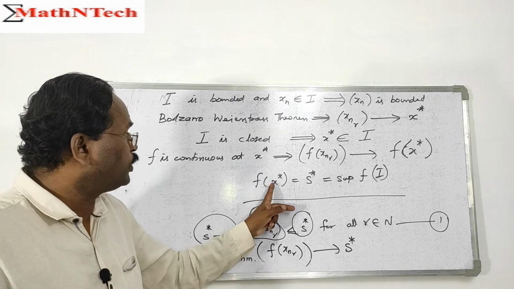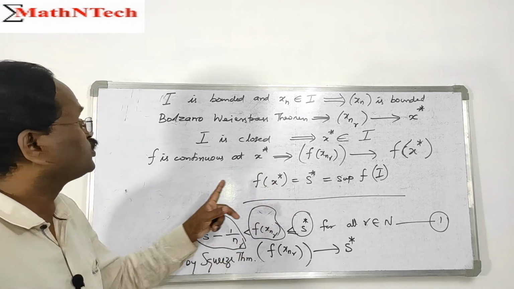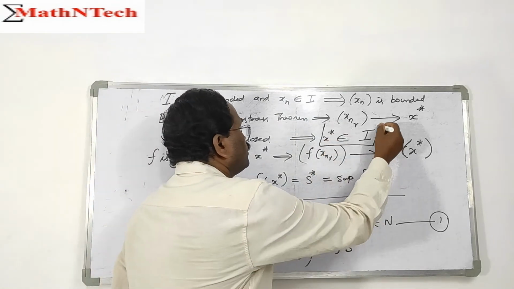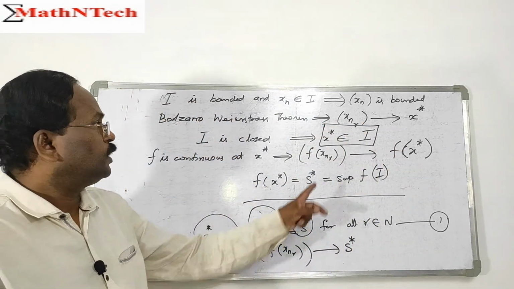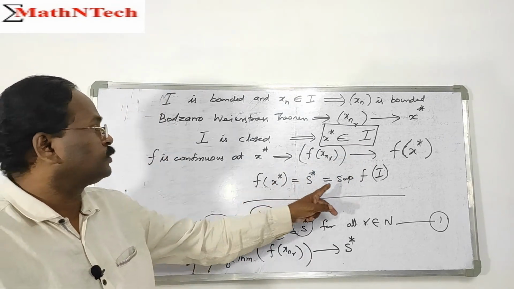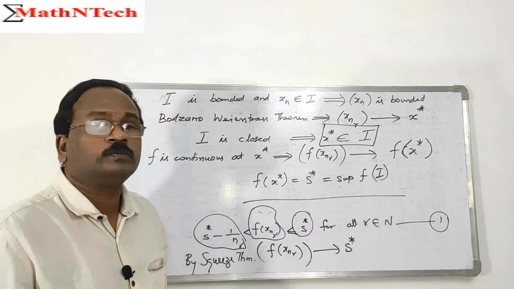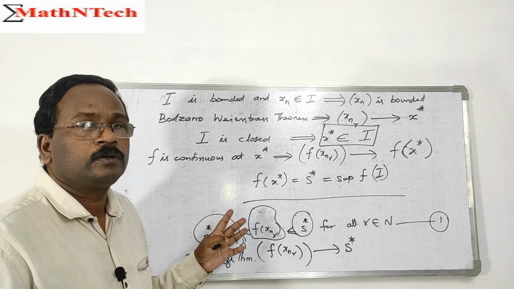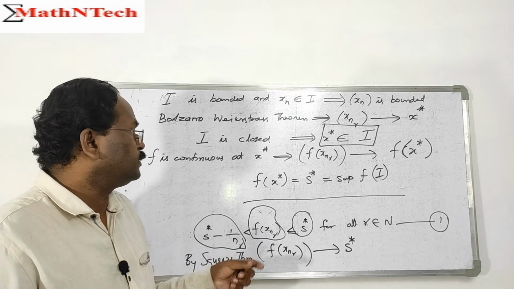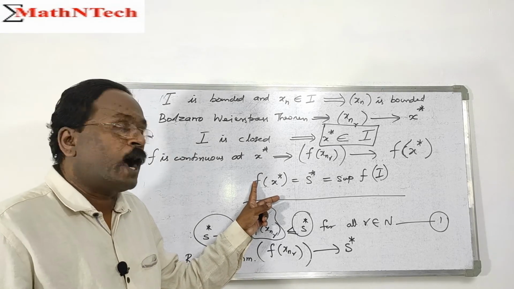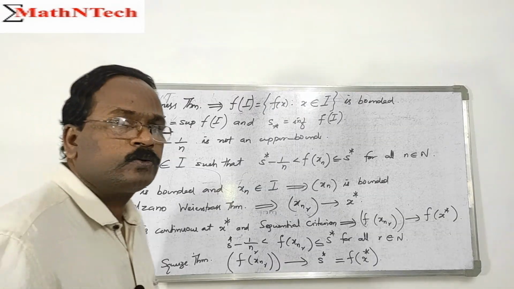Note this point, x star belongs to I, and f at x star equal to supremum of the set f. Therefore, we conclude that the function f has an absolute maximum at the point x star.